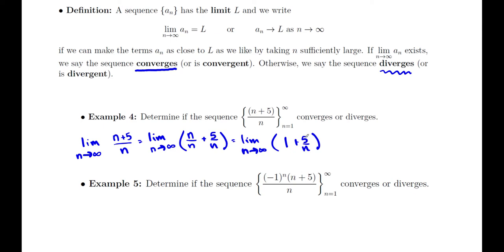Anytime you have a number divided by n, as n goes to infinity, 5 over n has to go to 0. 5 divided by a big number is close to 0. So this ends up just equaling 1. So we can say that the sequence converges to 1.